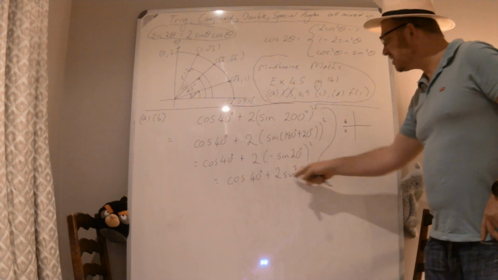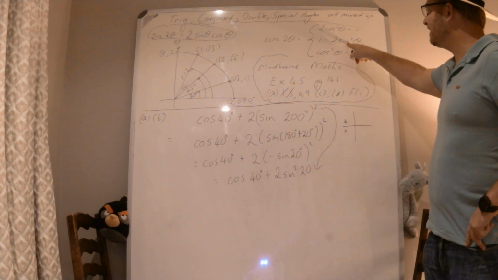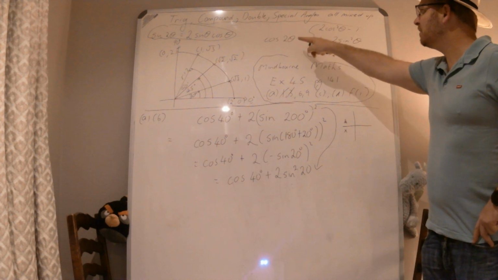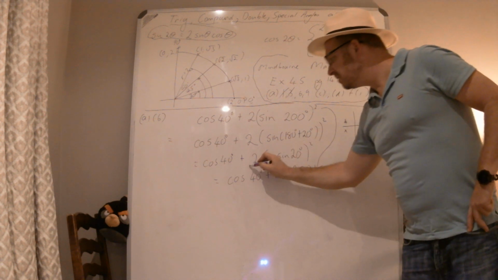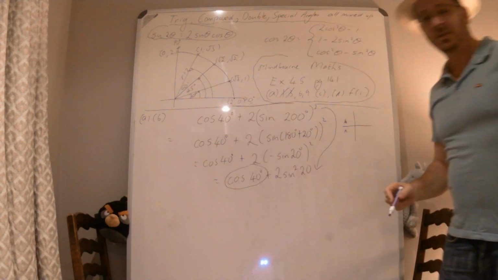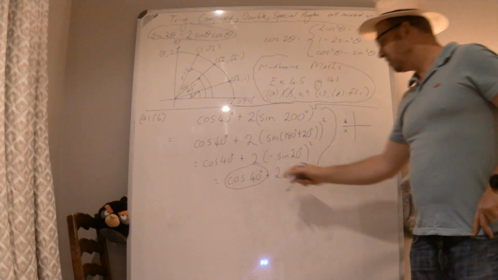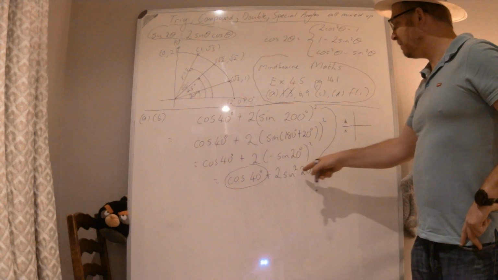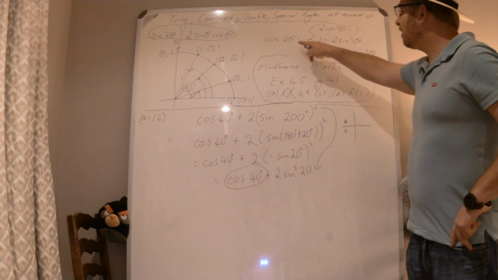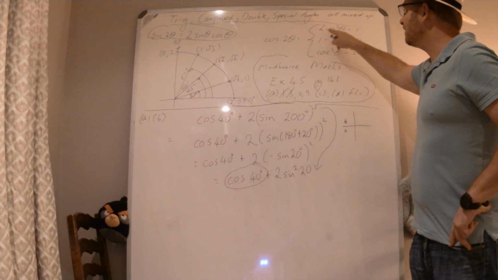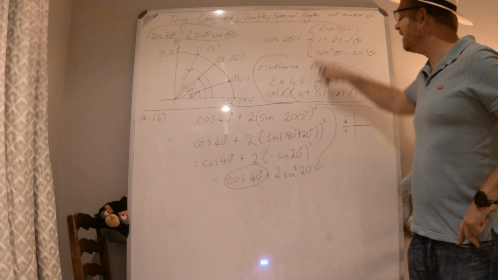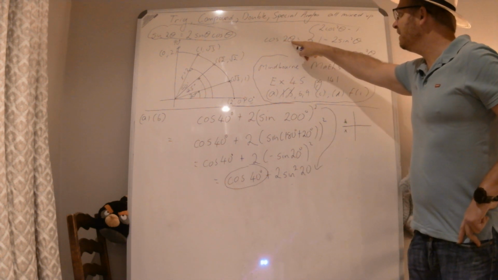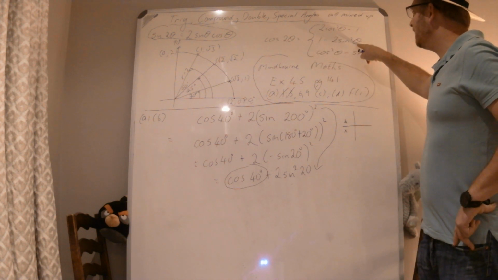So I could change sine squared 20 by isolating sine squared. It means you're going to have cos 2 theta plus 1 divided by negative 2. It's a bit of a mission. It's probably easier to express cos 40 in terms of 20 degrees, and we may as well stick to sine. So cos of 40, I could write it as 2 cos squared 20 minus 1. But probably the easiest in this case, because I've got a sine over there, is to write cos 40 as 1 minus 2 sine squared 20.